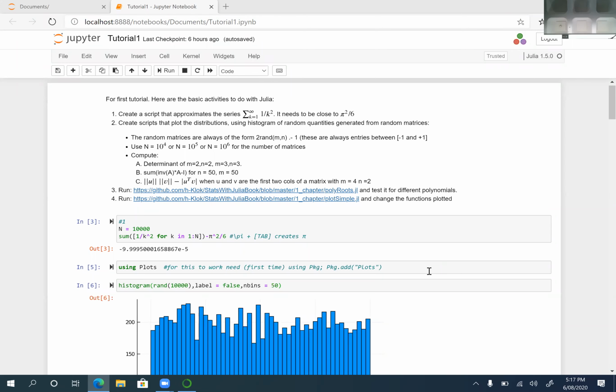Bo says, can we get this tutorial 1 file after class? Well, Bo, you can get it right now, I think, because it's on GitHub. You would just go through your Blackboard site, find the course website, scroll down towards the bottom, look for something saying GitHub and follow the link.